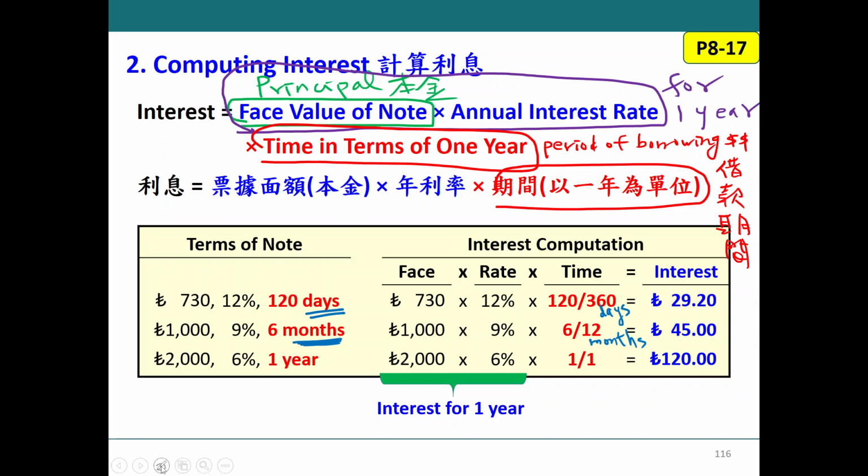Times, you have to consider how long you owe the money. So please don't forget this part. 借款期间。Okay, no problem, right? Since you don't have problems, let's look at some cases for you guys.